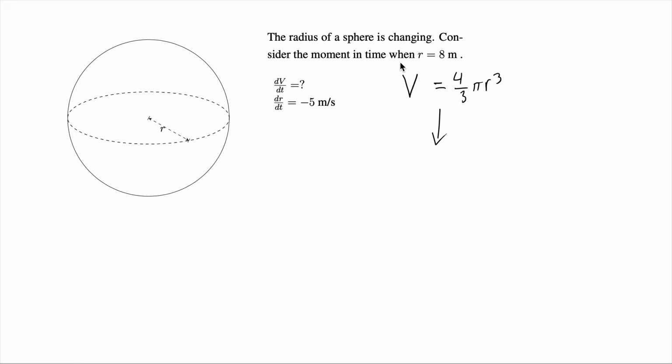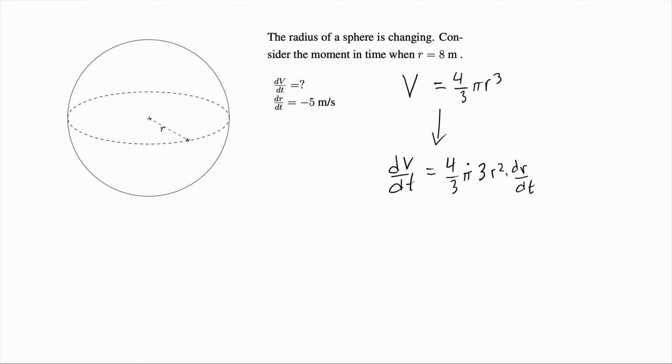The derivative of V is dV/dt, and 4/3 pi is just a constant. Then the derivative of r cubed, using the power rule and chain rule, is 3r squared times dr/dt. Since r is a function, if we're cubing it, we need to use the chain rule and multiply by the derivative of the inside, which is dr/dt.